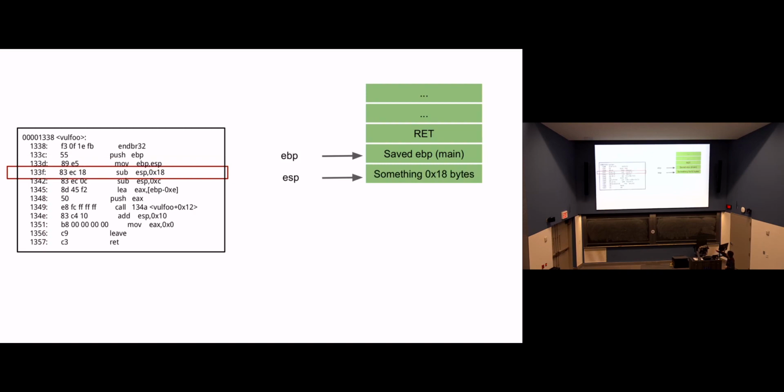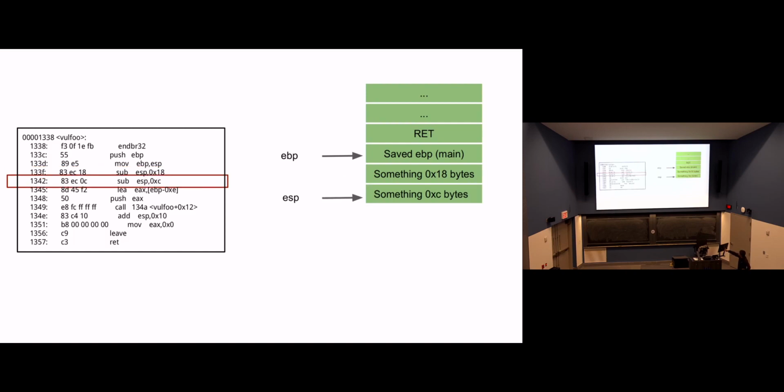After that, we subtract 18 in hex. So this block here represents 24 bytes, right? 18 in hex is 24 bytes. Then after that, there is another subtract of C. C is 12, so here we have 36 bytes, something like that.